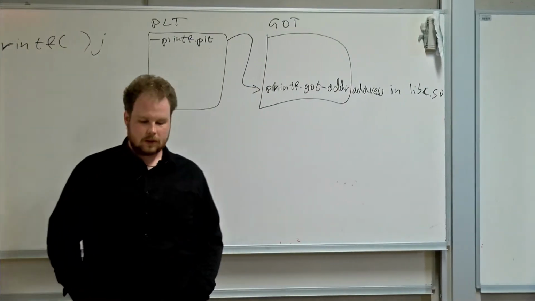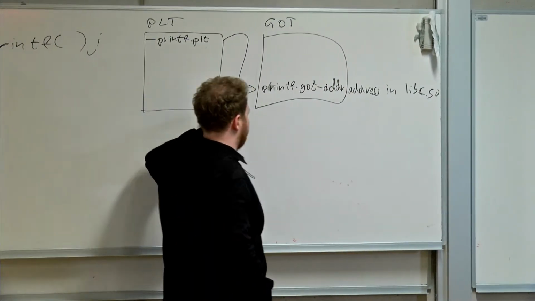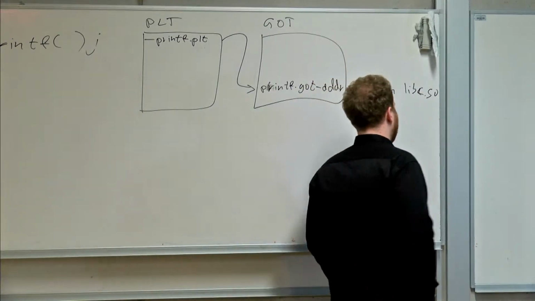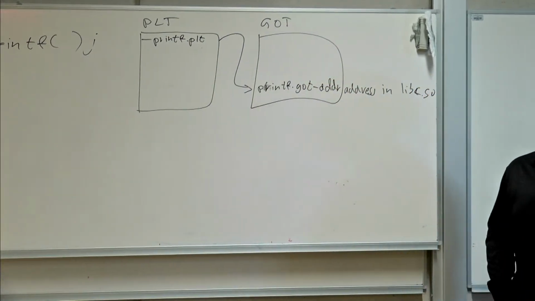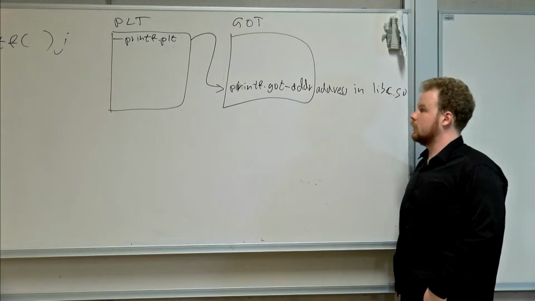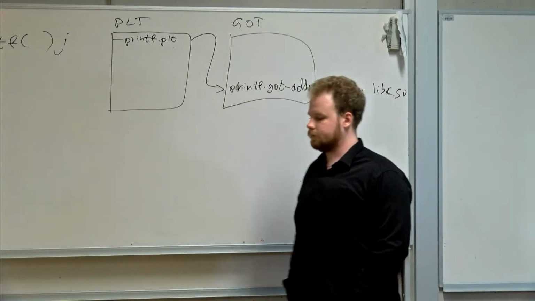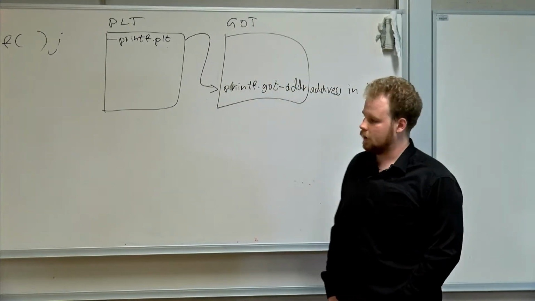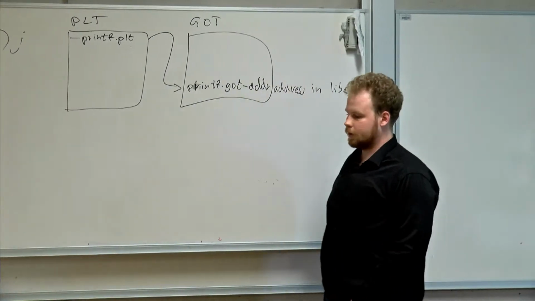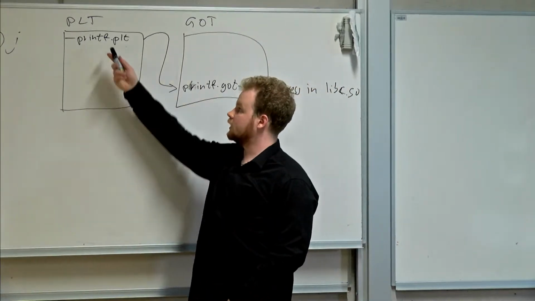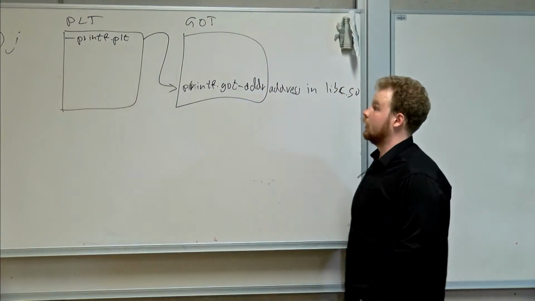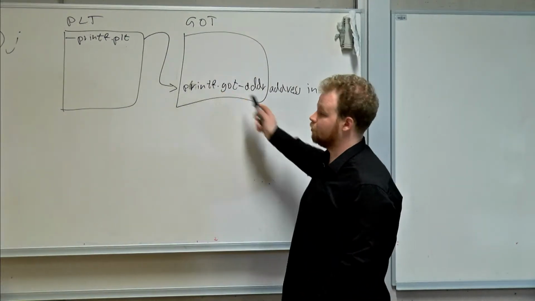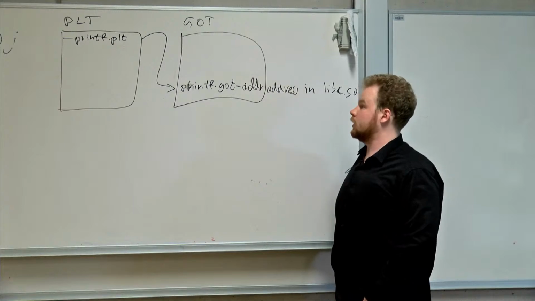How these two structures exactly work together, we won't be going too much into that, but you can look up some source code. If you just compile a binary, open it in GDB, and look at what happens when printf.plt is called, you will see this whole jumping being done, and then the address is being written.